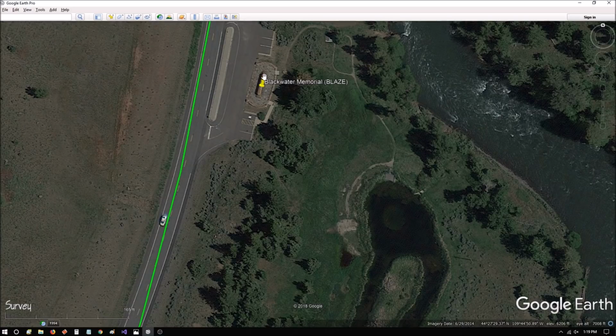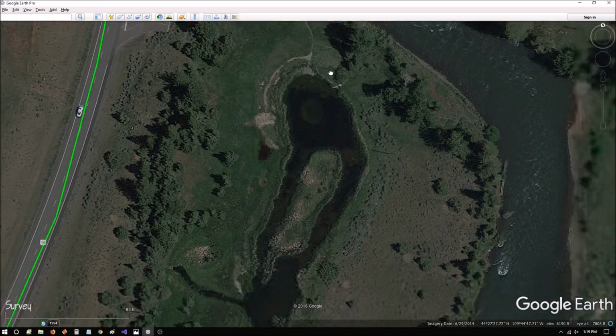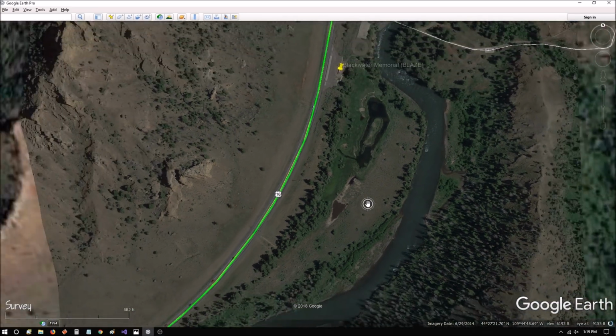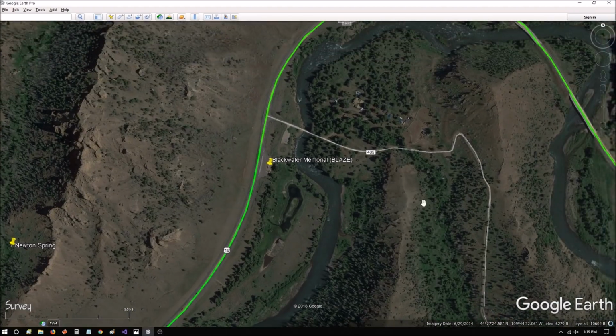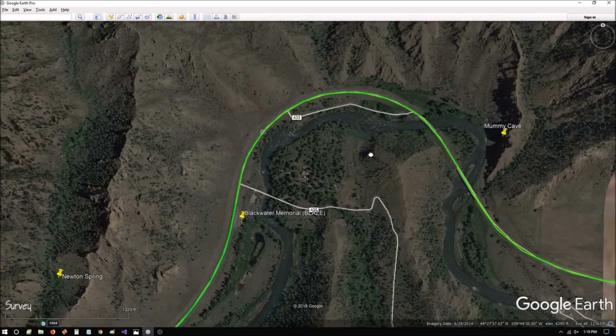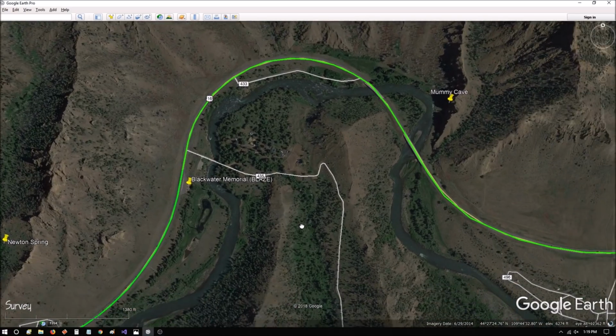If you read this, that's not the only one. When you get up this road along the Blackwater Creek, actually, wait, I might be wrong. That's not private property. This area here is the private property. Well, it's here somewhere. And there again, there's the Mommy Cave.